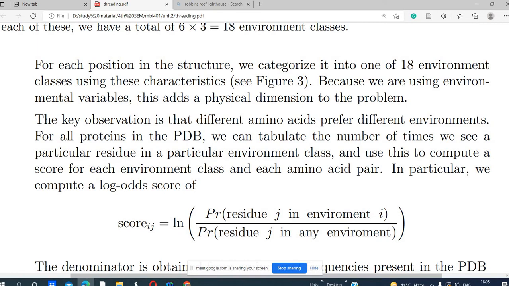The descriptor will be aligned to the unknown sequence, so on the basis of that we can assign the same profile. If the residue is similar, we can assign the same profile to the unknown sequence. Or even if the residues are not similar, they can share a similar profile.